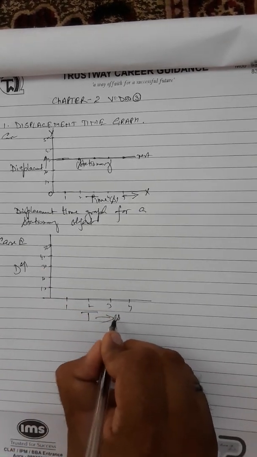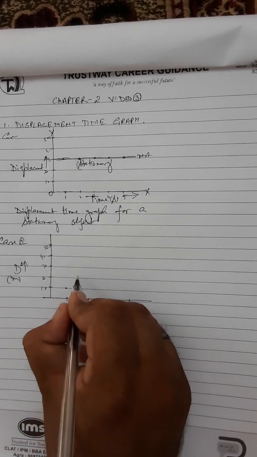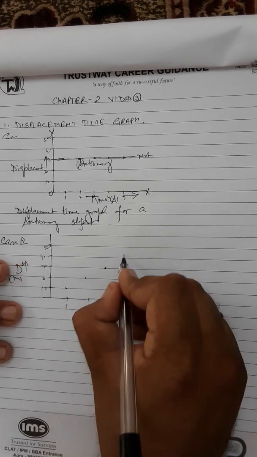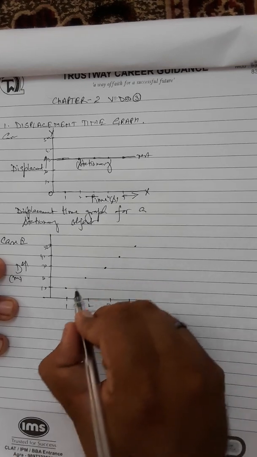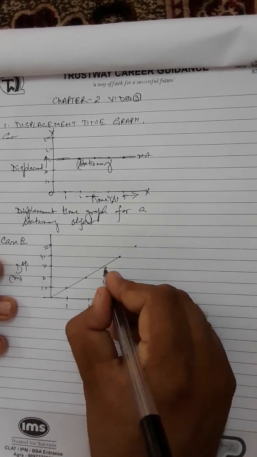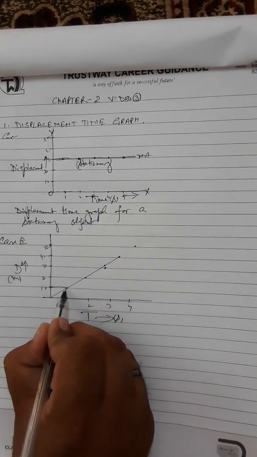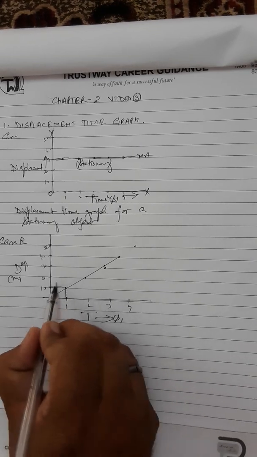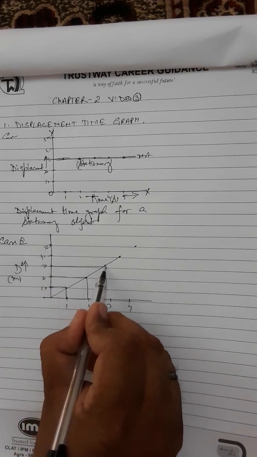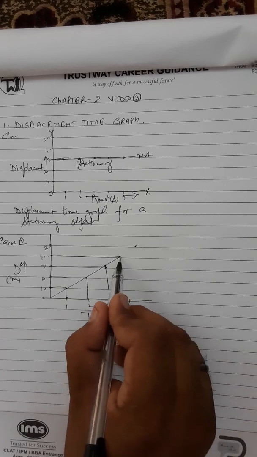Time is in seconds, displacement is in meters. 1 second 10 meter, 2 second 20 meter, 3 second 30, 4 second 40 and 5 second it is 50. What we will see is, after 1 second the body is displaced 10 meter, 2 second 20, 3 second 30 and 4 second 40 meters.